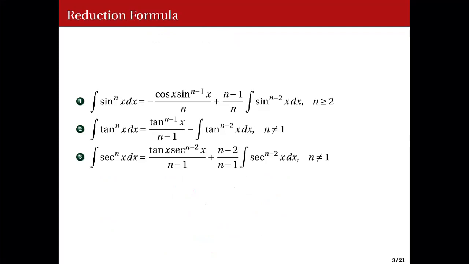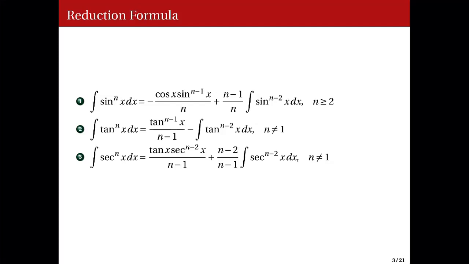For example, here, the integral of secant to the n x dx. You will have tangent x secant raised to n minus 2 x over n minus 1, plus n minus 2 over n minus 1 times the integral of secant to the n minus 2 x dx.